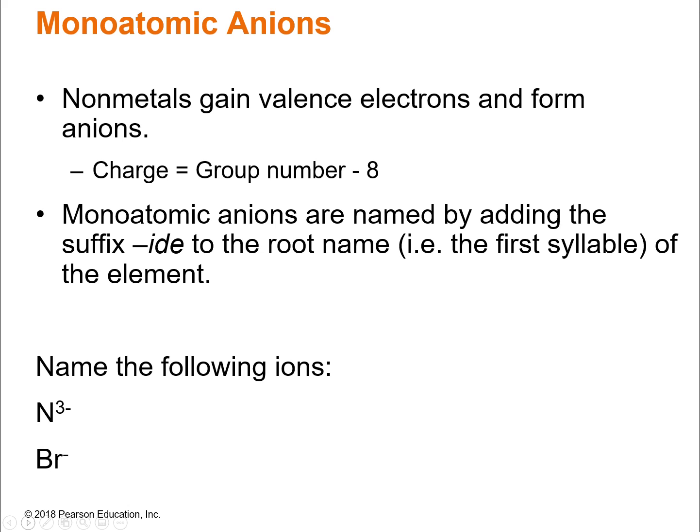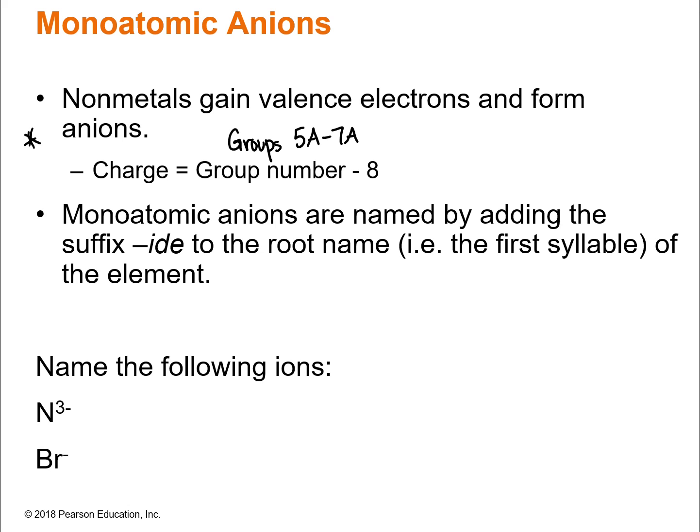The charge, you're going to take the group number and subtract 8. And we're talking about nonmetals in groups 5A through 7A. All of that should have been review in terms of the nonmetals and the charge that they gain valence electrons. So that's review. If it sounds like something you've never heard before, you need to revisit chapter 5.